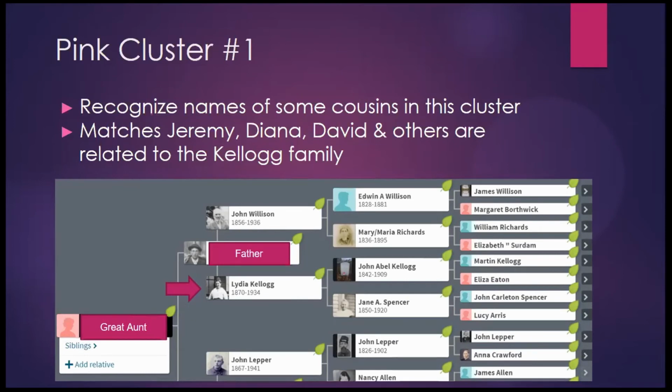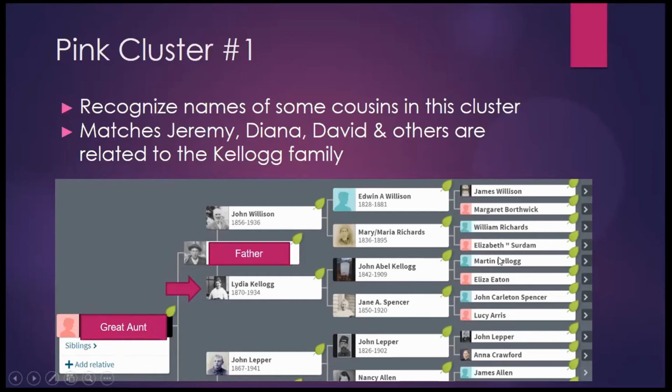Here's my great aunt's tree again, and you can see my great aunt's grandmother is named Lydia Kellogg, and her parents are John Abel Kellogg and Jane Spencer. John Abel's parents are Martin and Eliza Eaton, and Jane's parents are John Spencer and Lucy Ayres.